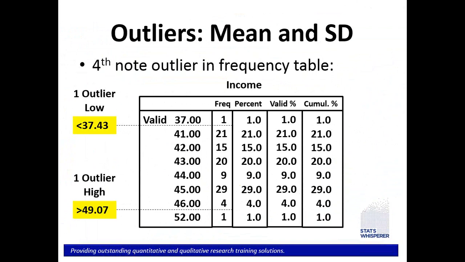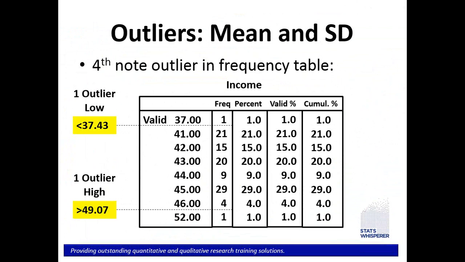Within the frequency output, underneath the mean and standard deviation box, we have the frequency box. So we can look and see what the individual scores are. If we apply our 37.43, we can see there's one score, the 37.00, that's below.